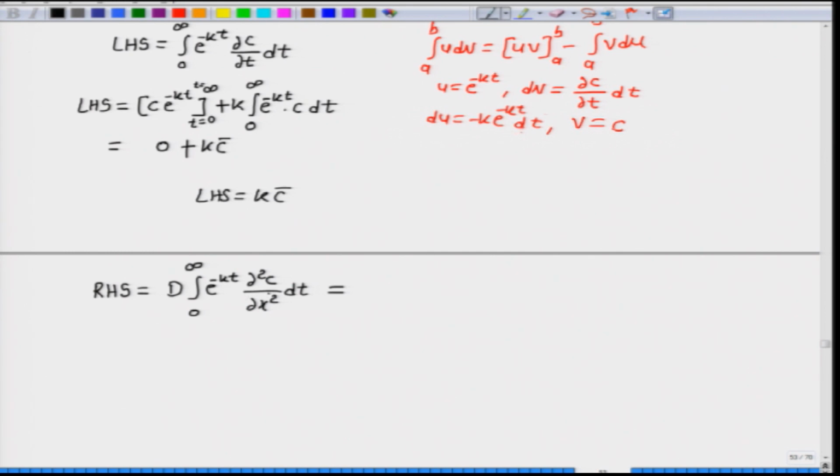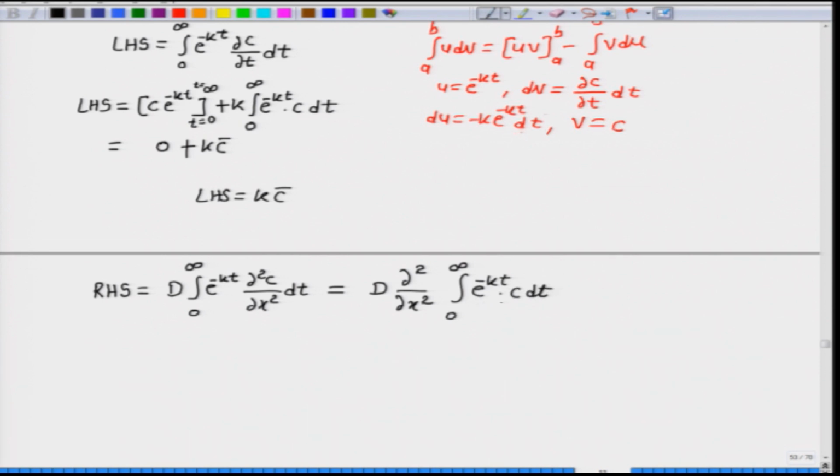So, we can take it inside the differential, and then we can change the order of differentiation and integration, which would yield D times dou 2 by dou x 2 of integral 0 to infinity e to power minus k t times c dt.